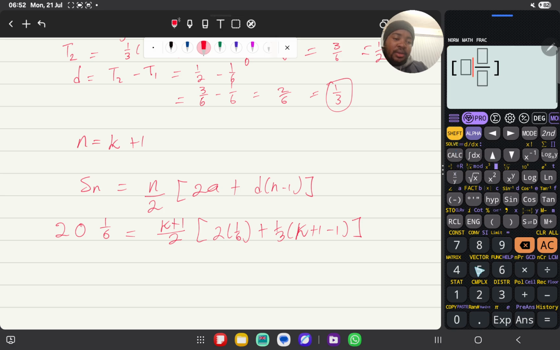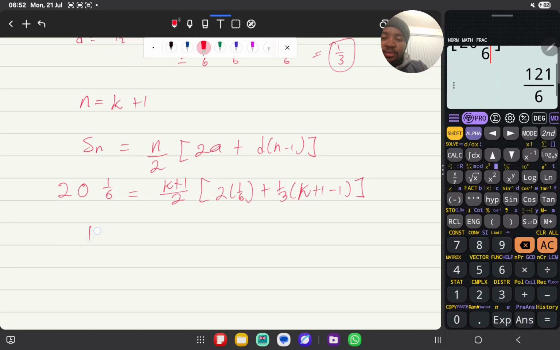Then 20, 1 over 6, that is 121 over 6, equals k plus 1 over 2 times 2 over 6 plus, here it's going to be 0. 1 minus 1 is 0, so I have 1 over, or let me just say k.